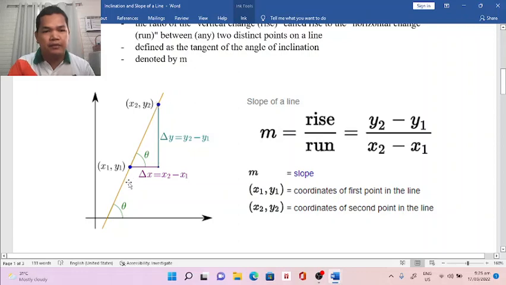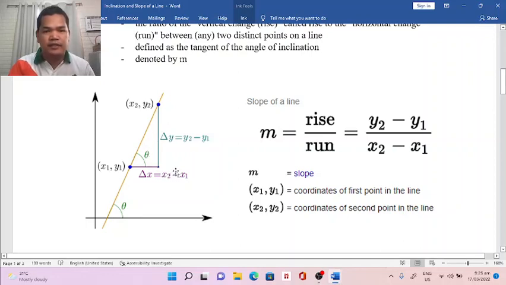With that, we may have the run. Run here is the horizontal change, that's why it is the change in x. Here we could use the distance formula x sub 2 minus x sub 1. And for the vertical change, we have the change in y, that's why we have y sub 2 minus y sub 1 as our formula.